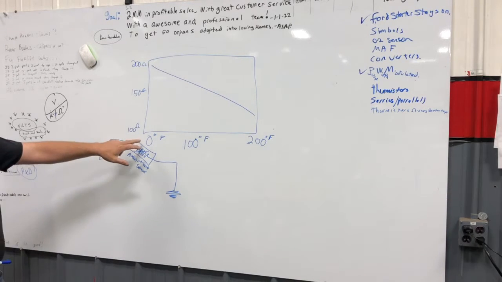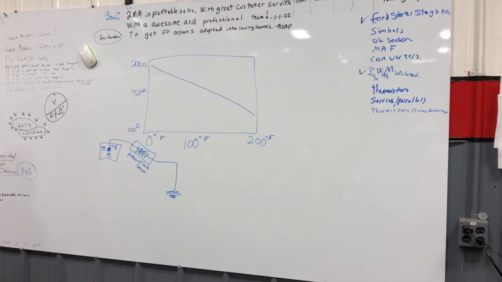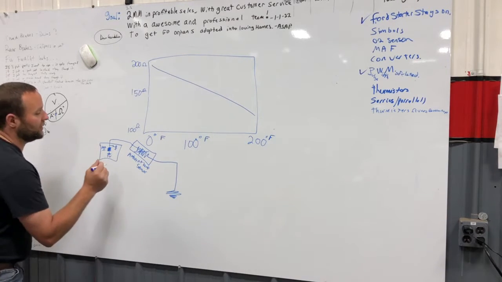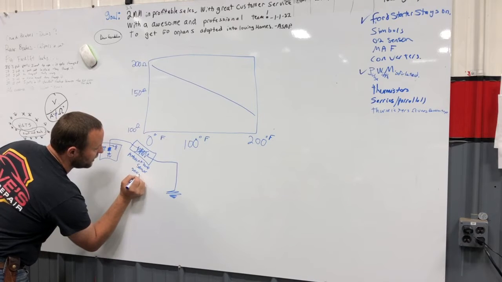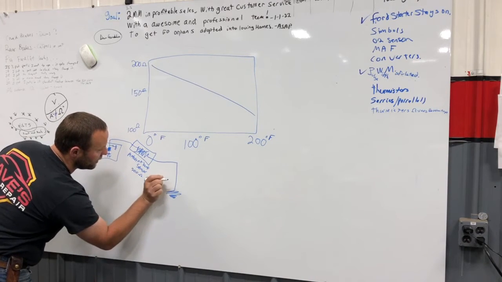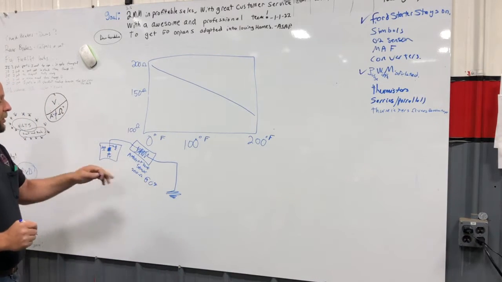So when this is 0 degrees Fahrenheit, and the car's 0 degrees outside, this will have 200 ohms at 0 degrees Fahrenheit. 200 ohms, 0 degrees Fahrenheit.